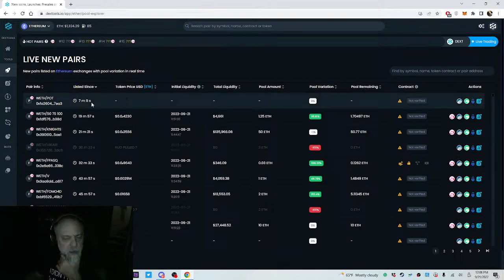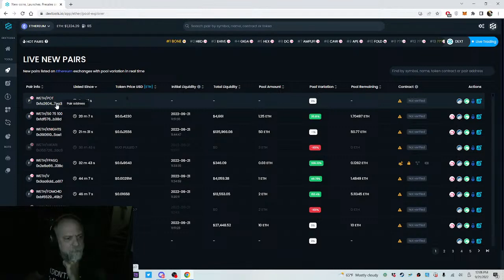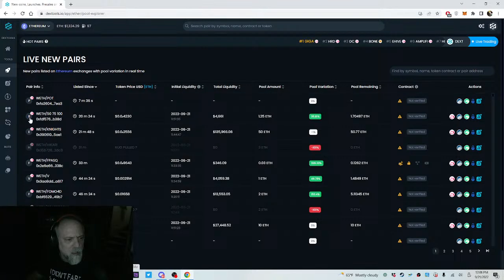So anything that is an ERC20 contract instantly gets pulled here, or pushed onto this page. Now, I know we skipped over this a little bit in the original class, so we're going to go back over it more now. The first thing I want to cover is everything is listed as WETH, okay? So whenever you go to use any of your different swaps, Uniswap, PancakeSwap, etc., it'll show up right over here under this symbol.